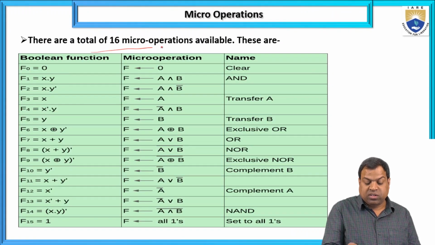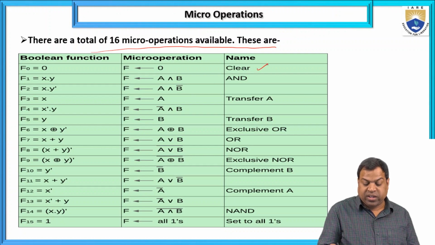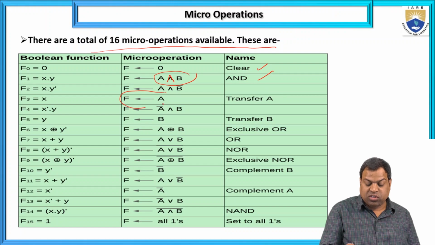Here the 16 microoperations are available. Clear, 0, tends to F means clear. Then there are the symbols: transfer of A, transfer of B, and exclusive OR. This symbol is called exclusive OR, and this symbol is the OR.